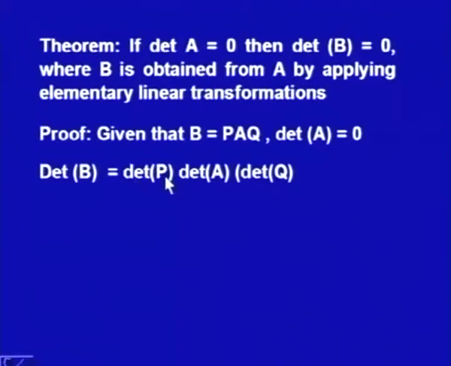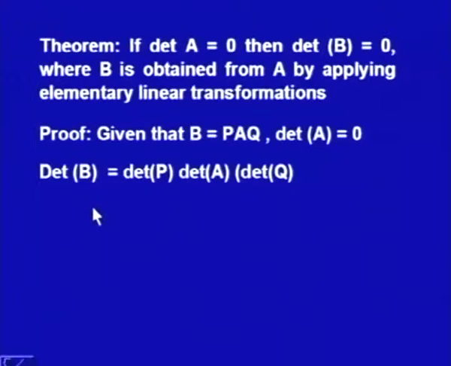So, determinant P is not 0, determinant Q is not 0, and these determinants are simply numbers. A product of 3 numbers is 0 only if one of them is 0. Determinant Q is not 0, determinant P is not 0, so we have only one alternative: determinant A is 0, and hence determinant B is equal to 0 when determinant A is equal to 0.